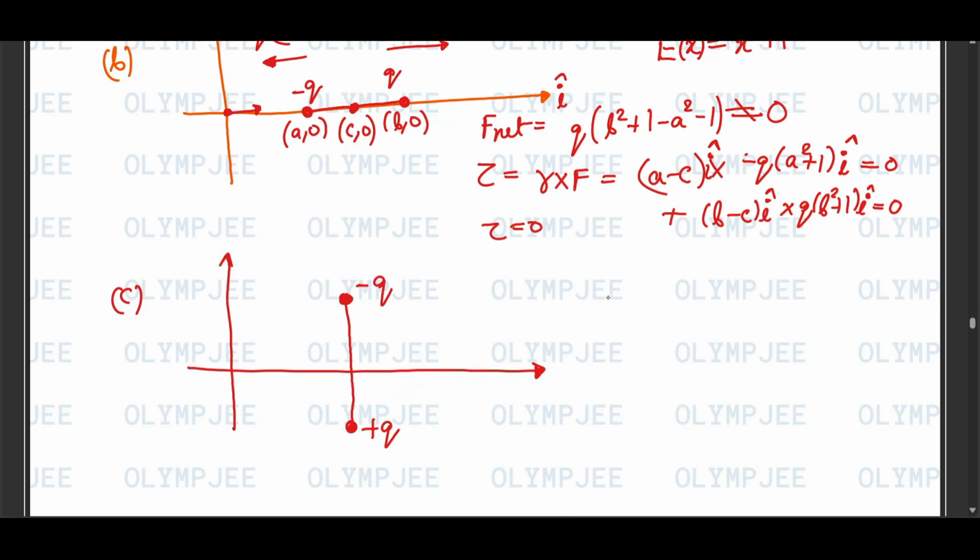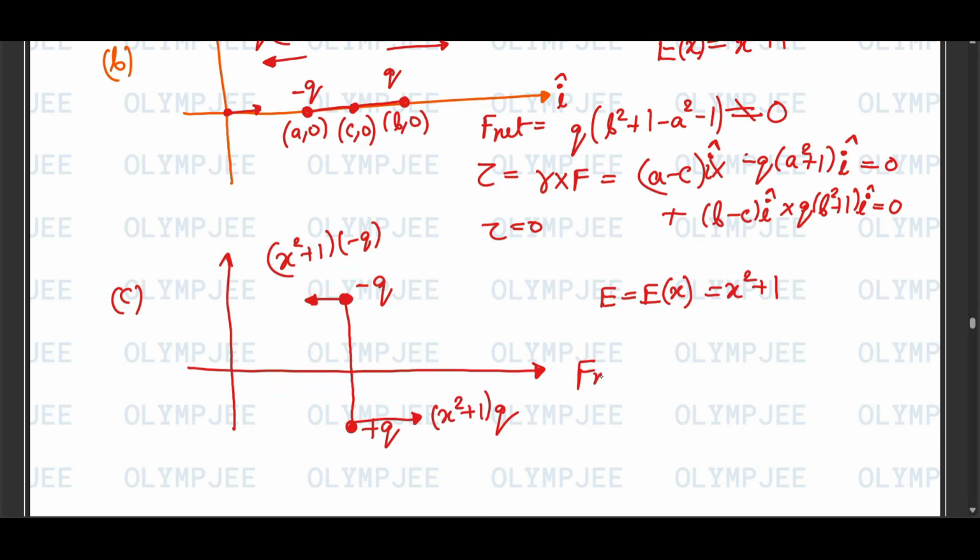And the field is varying as x coordinate. So let us take it as x square plus 1 only, as we took in B. So the x coordinate of minus q and q is same. So force will be x square plus 1 multiplied by minus q, and here it will be x square plus 1 multiplied by q.